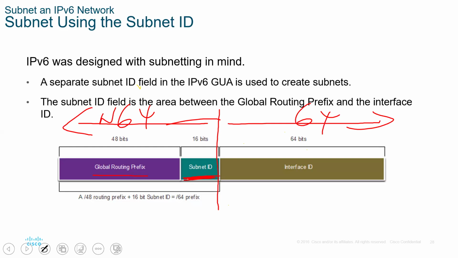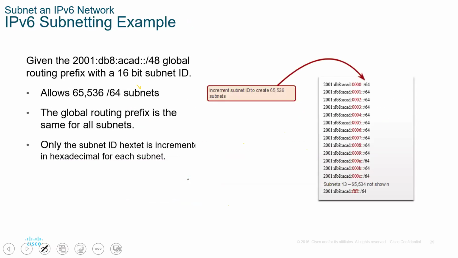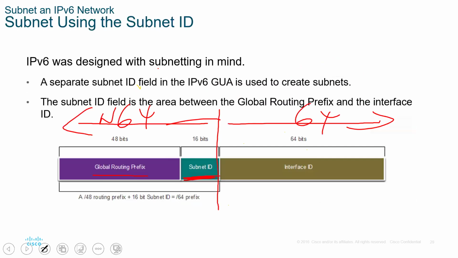So a separate subnet field in the IP version 6 global unicast address is used to create subnets. The subnet ID field is the area between the global routing prefix and the interface ID. For instance, you have a particular IP address 2001:DB8:ACAD::/48. Now, /48 is telling you that this is just the global address without being subnetted.